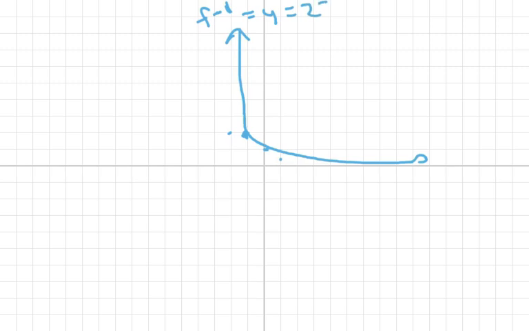So let's graph that. It's like this. That's your inverse, which is y equals 2 to the x.